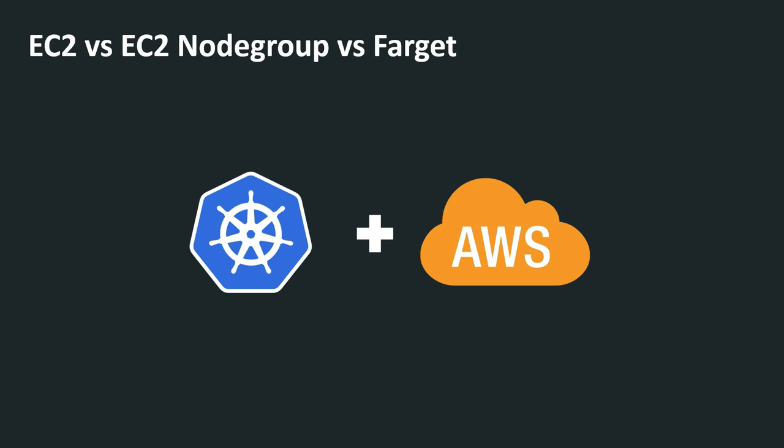For example, worker nodes or EC2 instances managed by a node group will get all the processes necessary installed on them, so you don't have to worry about installing the container runtime, Kubernetes worker processes, etc. for them to make them into worker nodes. So that means you have an alternative between completely self-managed EC2 instances and semi-managed EC2 instances through node groups.